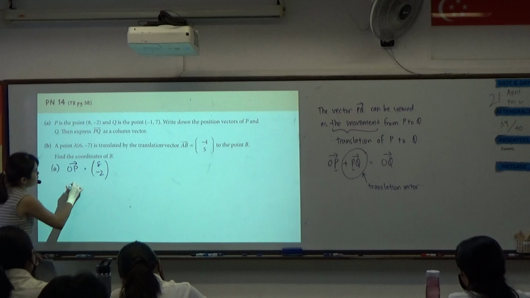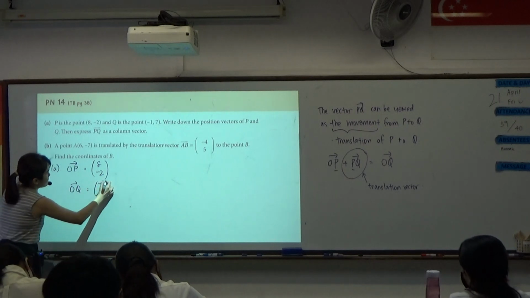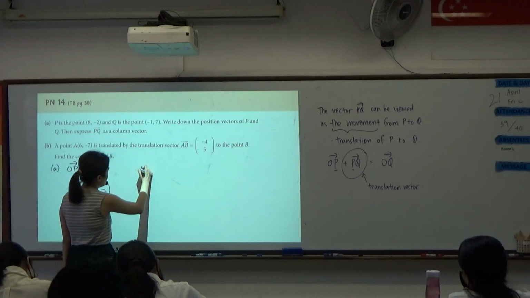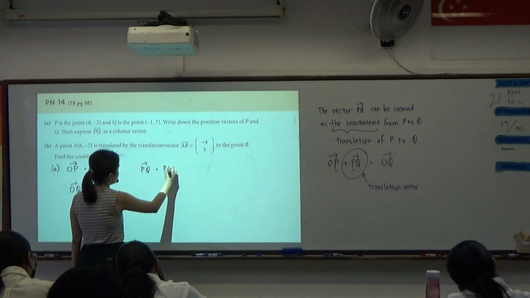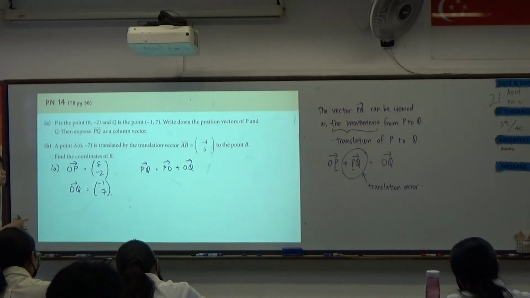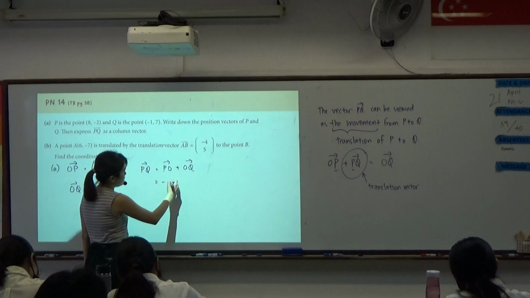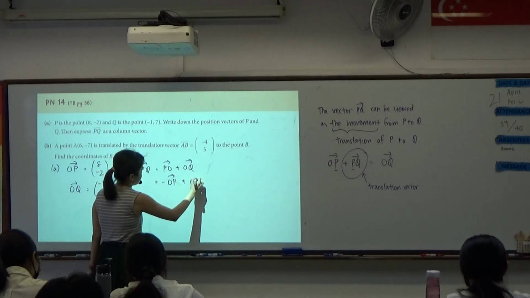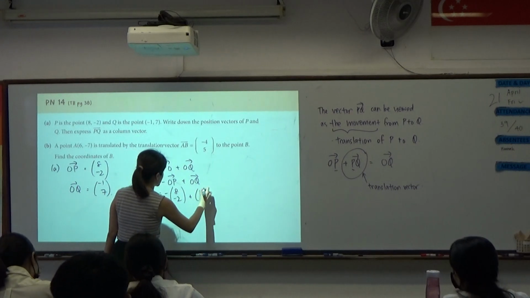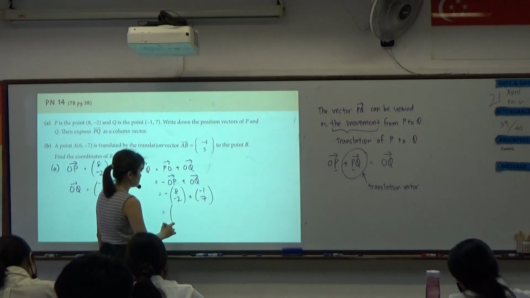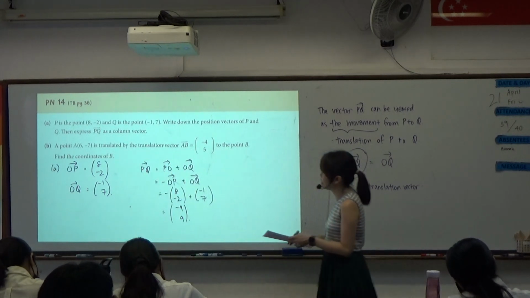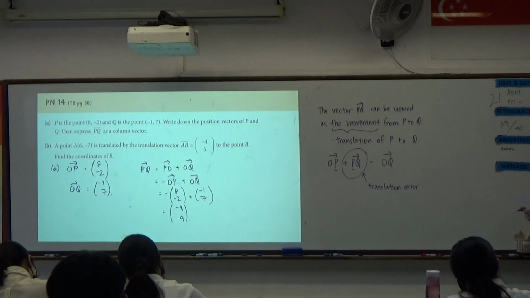And then for OQ, it will be (-1, 7). Right? Then similar to what we did earlier on, to find out what PQ is, we break it up into two vectors, PO plus OQ. And PO is negative of OP. And we find that PQ will be the vector (-9, 9).